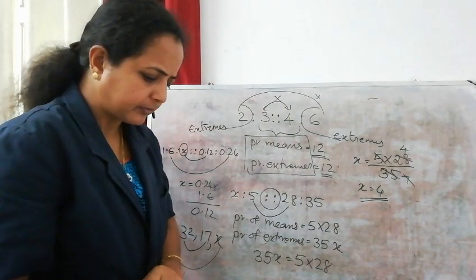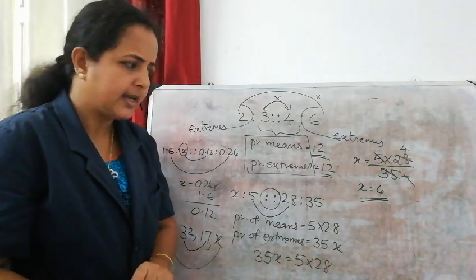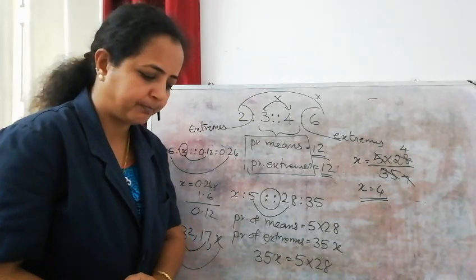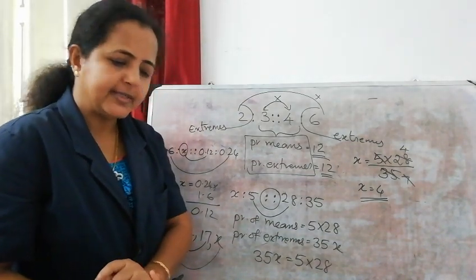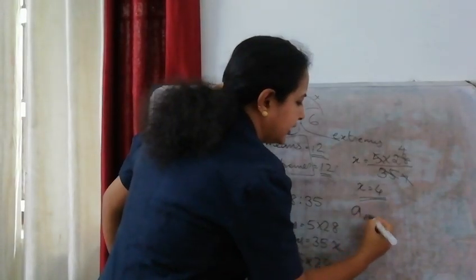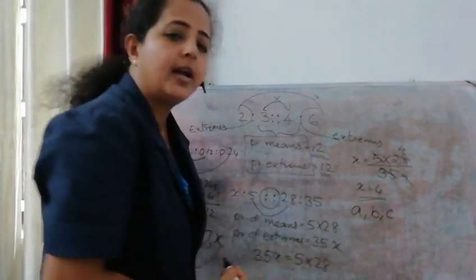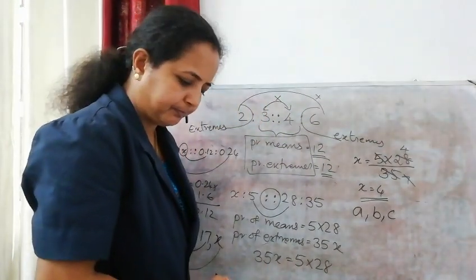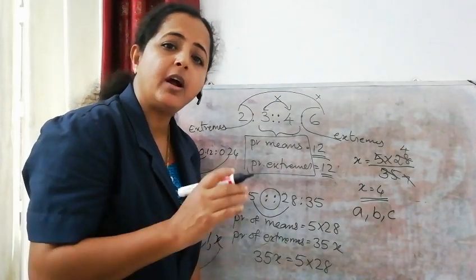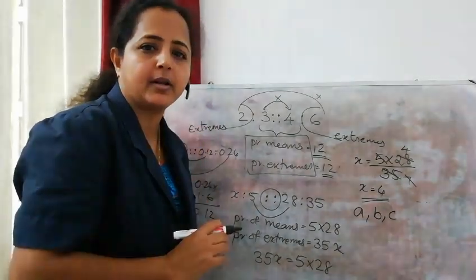Okay. Then next, continued proportion. What is meant by continued proportion? Suppose A, B, C are in continued proportion. Continued proportion means they will give only three numbers, and we have to find one number.